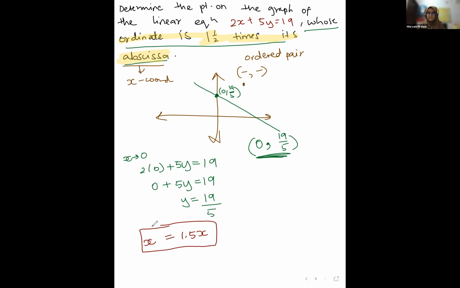Ma'am, it is not in the form of ax plus b. No, that is fine. It doesn't have to be like that. But what's wrong with this equation? x is equal to 1.5x. Okay, Mridula, can I say 2 is equal to 0?